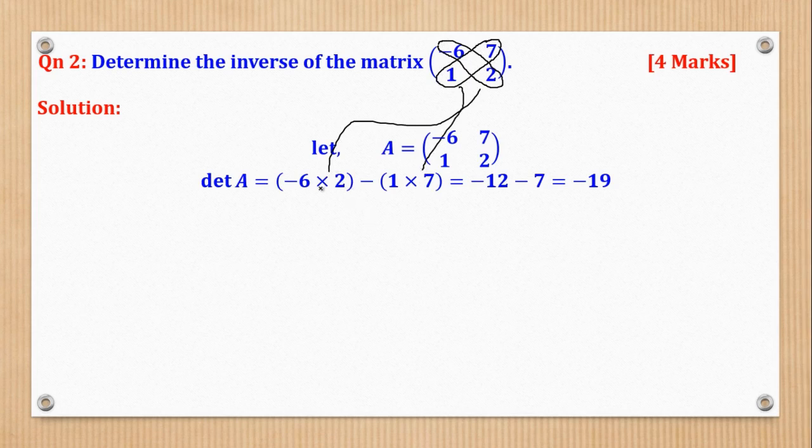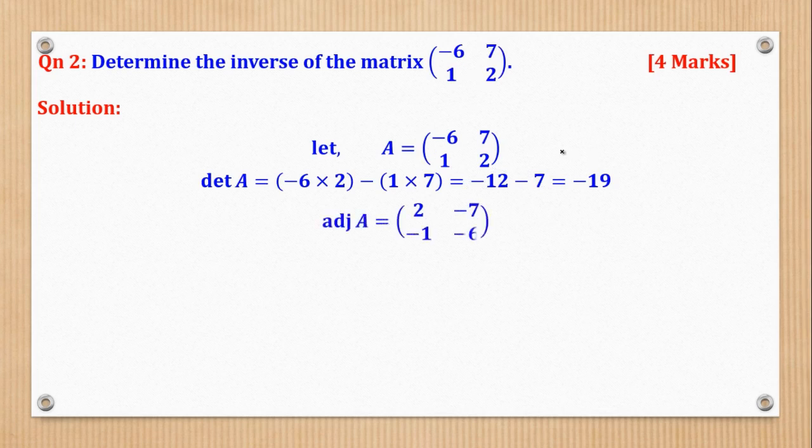So negative 6 times 2 gives you negative 12, and there is this minus, then 1 times 7 gives you 7. So negative 12 minus 7 gives you negative 19, and that will be the determinant.